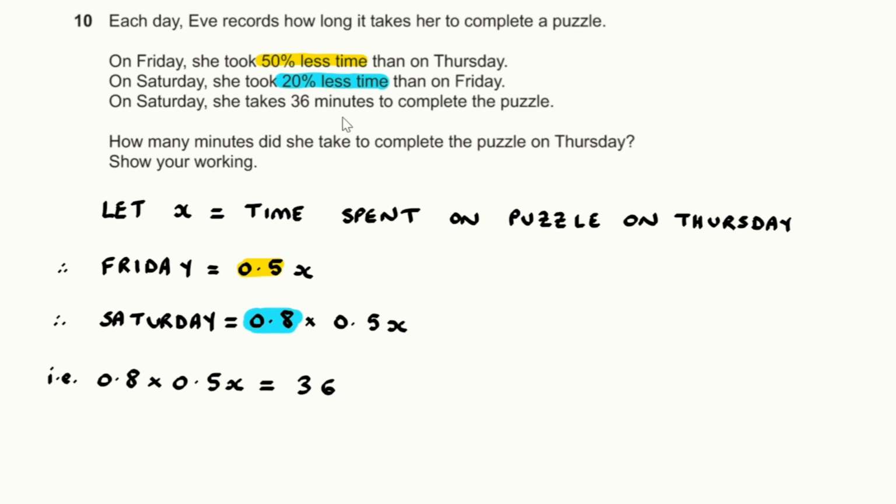That is because on Saturday she took 36 minutes to complete the puzzle. So if I find out what x is, well, 0.8x is equal to 36 divided by 0.5, which is 72.